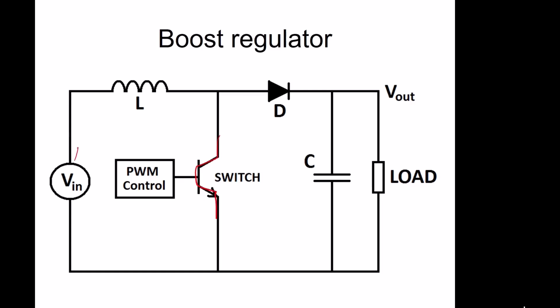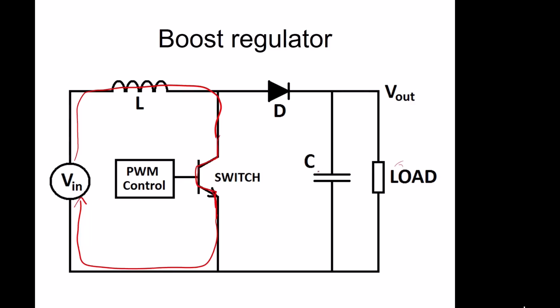We've got our input voltage here, we've got current flowing through here, down this path, and around in that loop there. So this is the easiest path for the current to flow, because there will be a resistance on this side, so the current prefers to flow through this path.